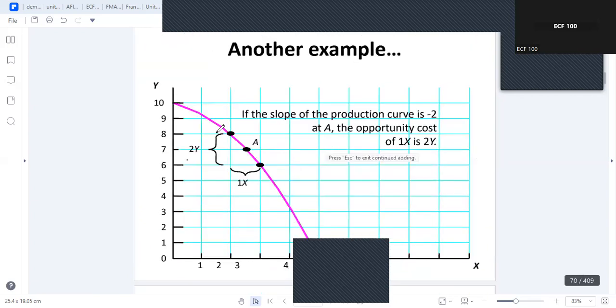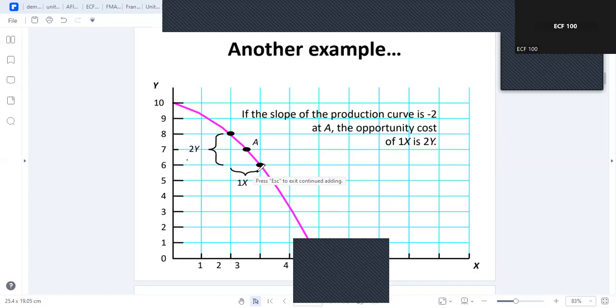So another example we have here, the slope that we have here from point A. From here to here, we're increasing y by 2. From here to here, we're decreasing x by 1.